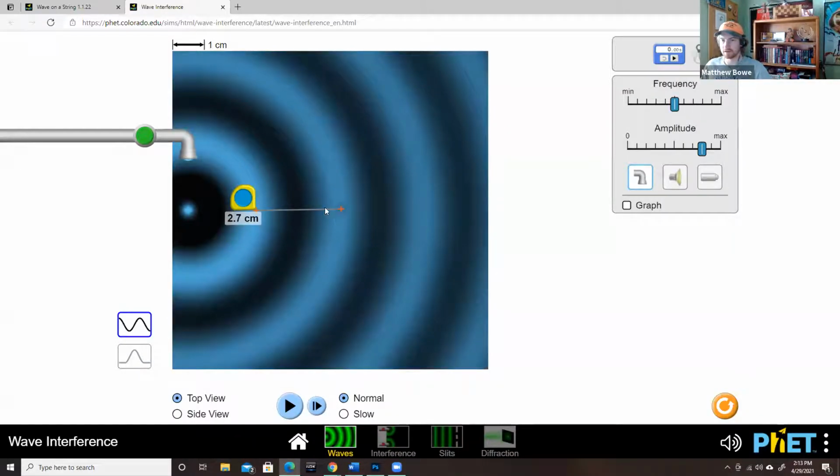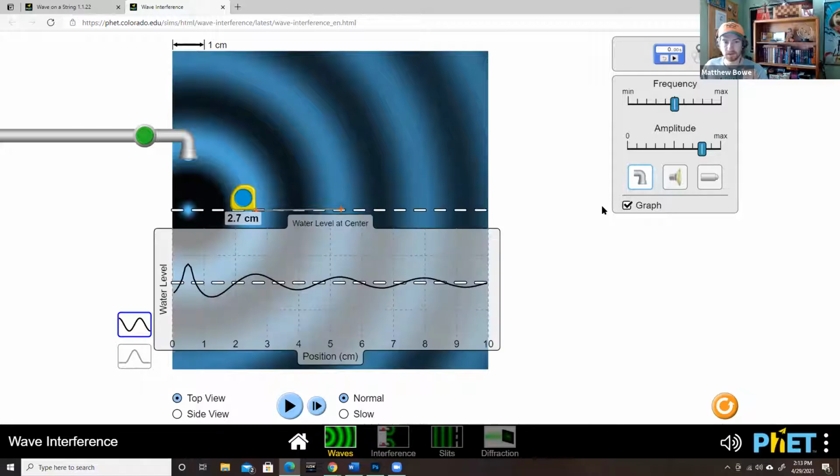So this is sort of like a top-down view. How do we get a height of the wave? We have the amplitude up at the top right. We can see the height if we click on this graph box right here. So like that. Let me get the tape measure out. All right.